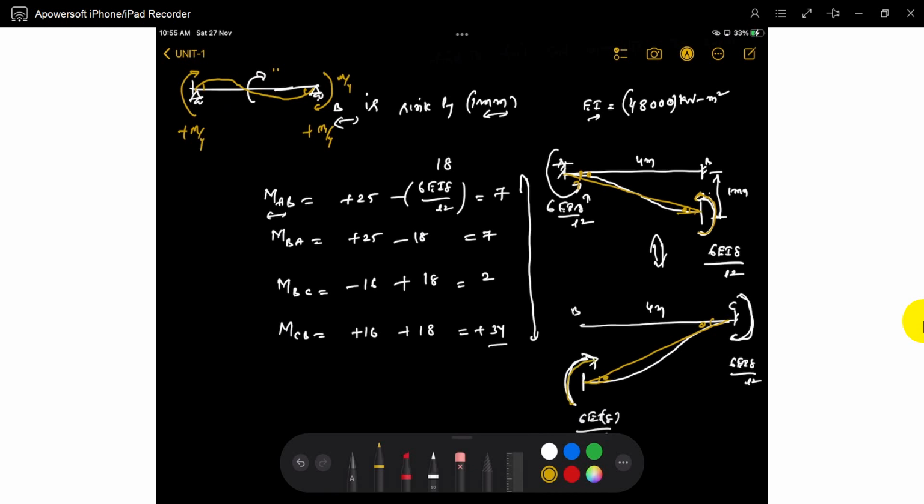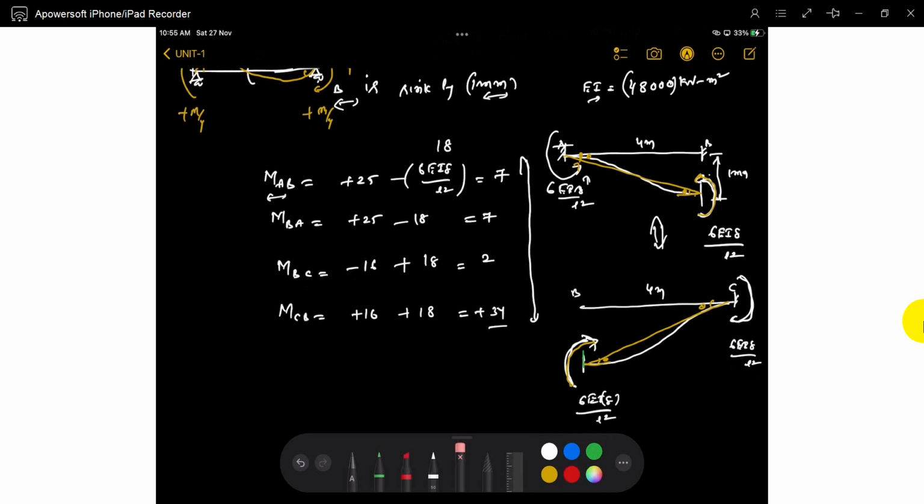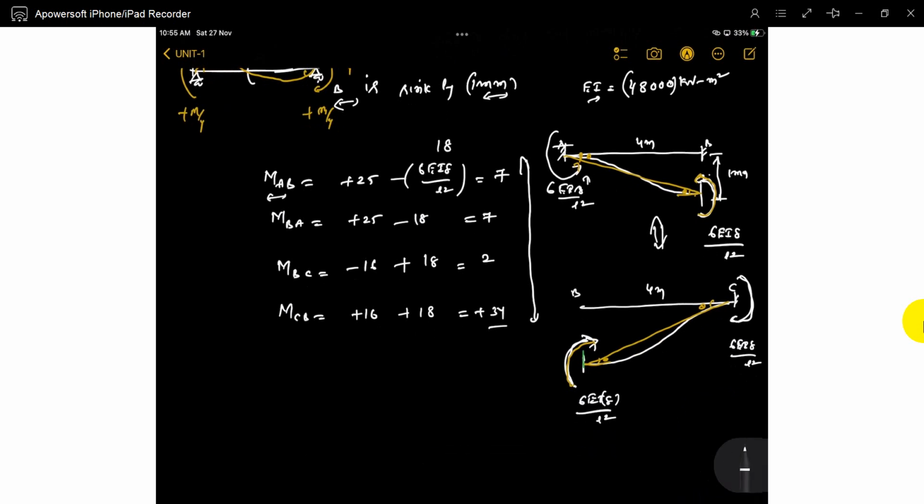Sir, someone may doubt why it is not this. If it is not this, the member goes like this. Is there a chance of the member going in this direction? No. Okay, the continuity. Okay, no need. I explained this so many times. Okay, just delete it. So that's it.